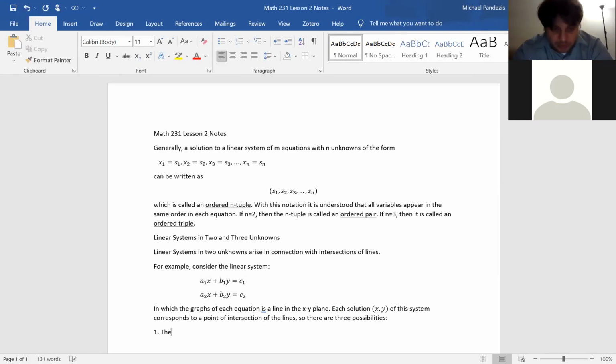One, lines may be parallel and distinct, in which case there is no intersection, and consequently no solution to the linear system.